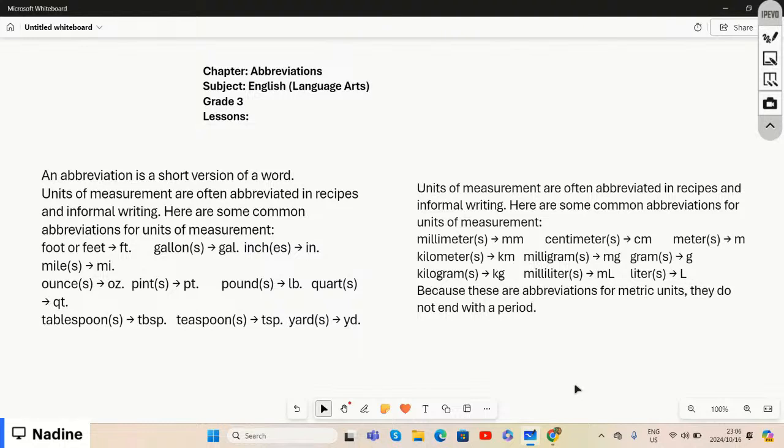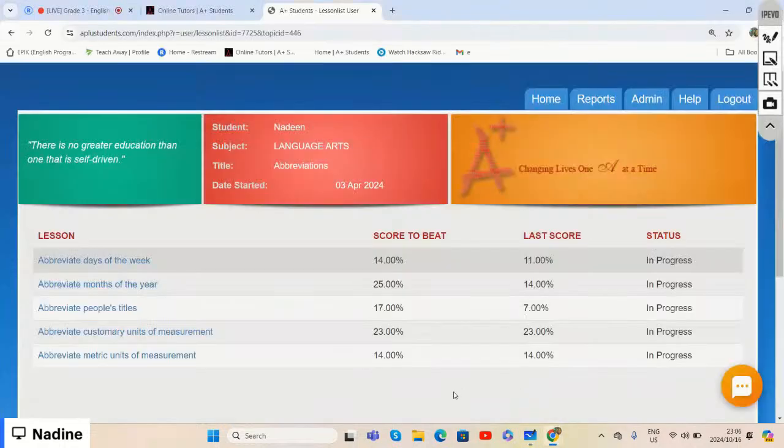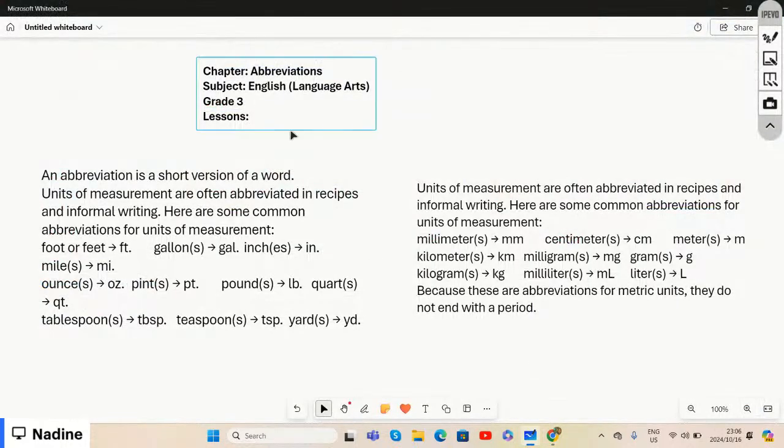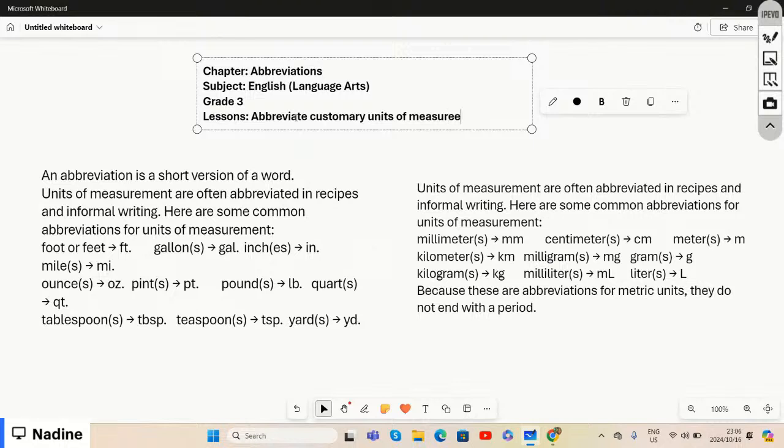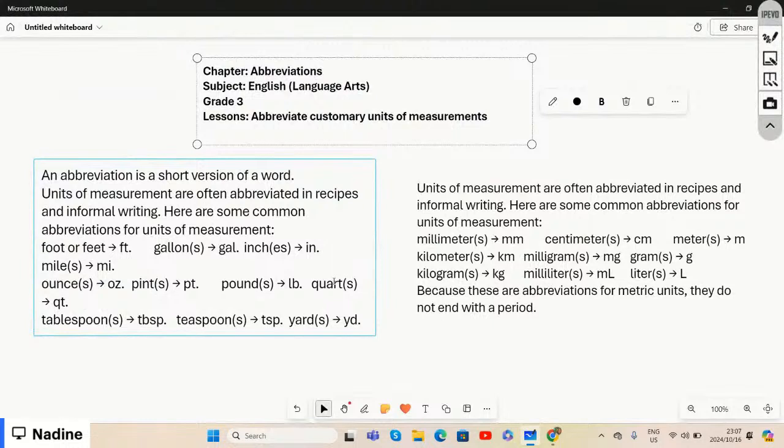And the lessons that we are going to be focusing on under the chapter of abbreviations are to abbreviate customary units of measurements, and we're also going to abbreviate metric units of measurements.